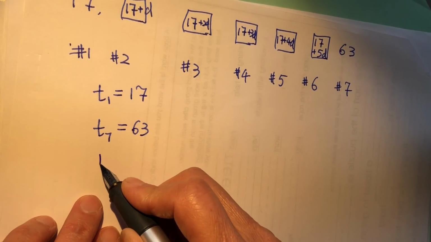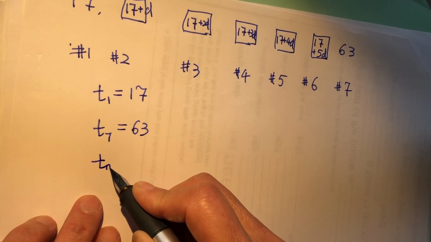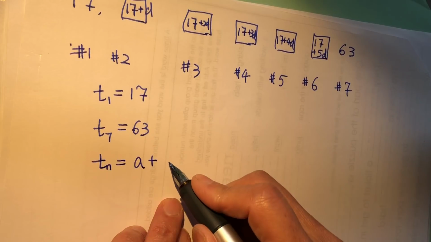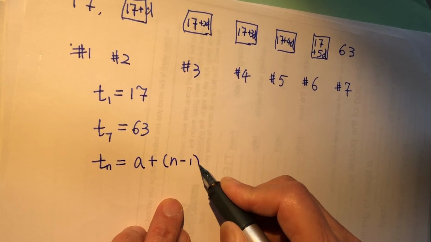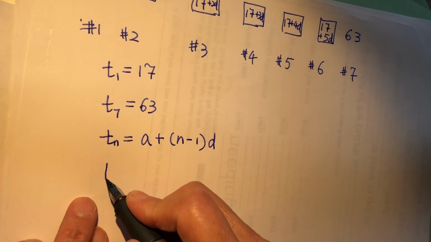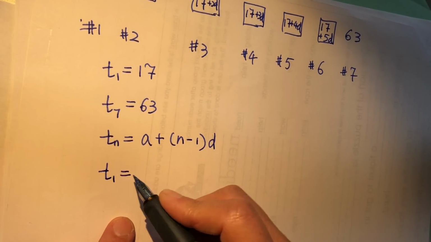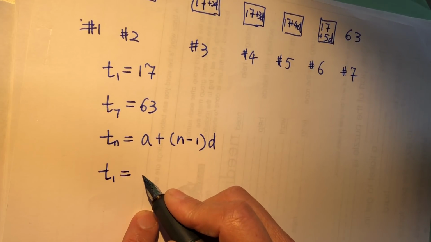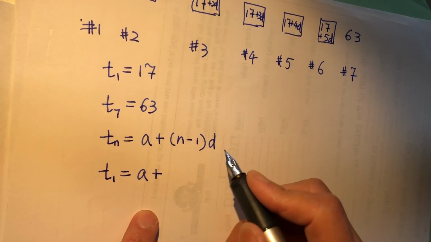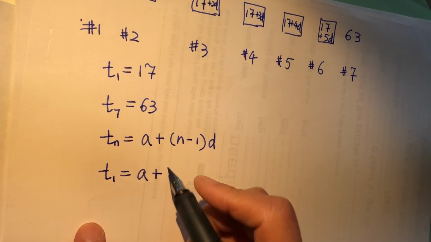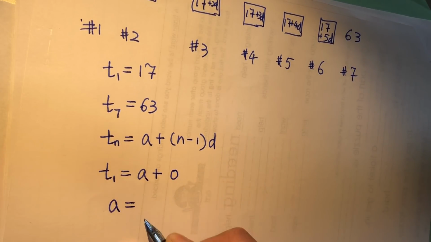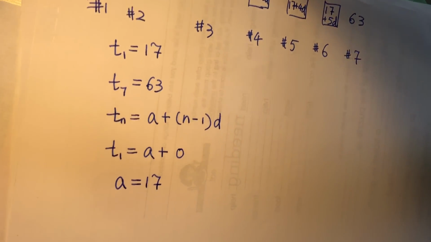So we can use our formula Tn equal to A plus n minus 1 times the difference. T1 equal to A plus 1 minus 1 times D, which is 0. So T1 is 17, so A equal to 17, right?